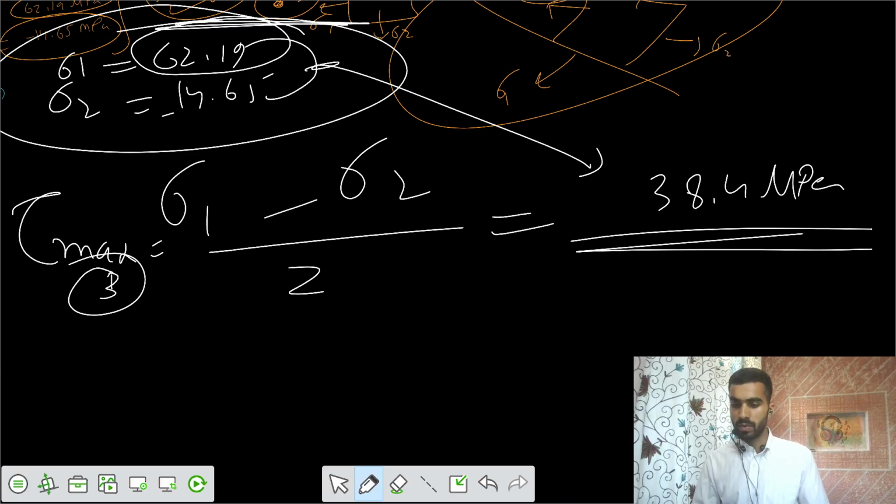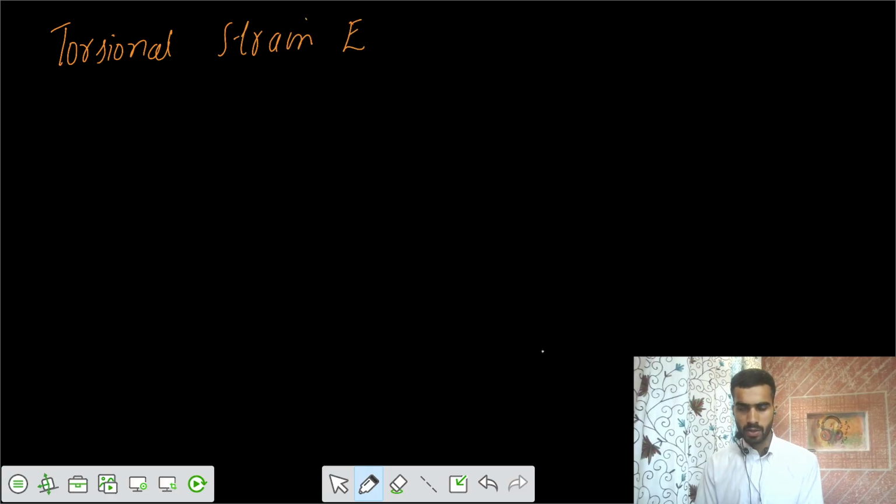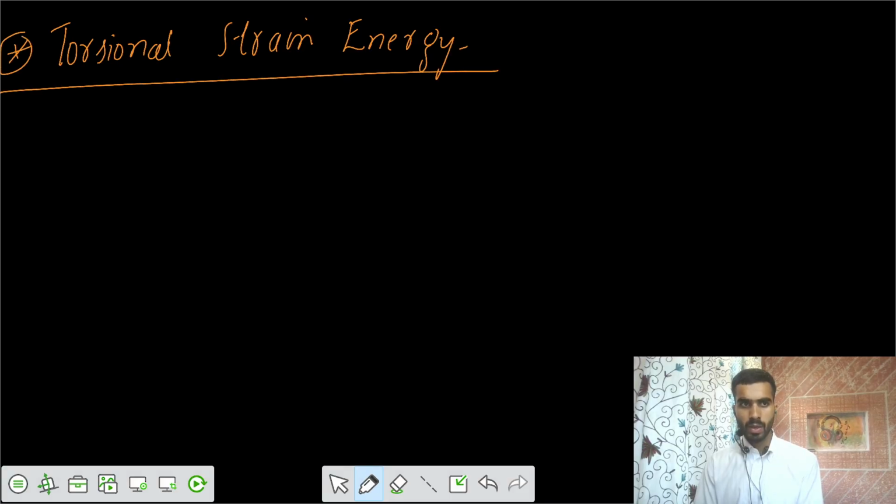So we have that concept of torsional strain energy. We call it torsional strain energy. So we have that strain energy 1 by 2 M theta.